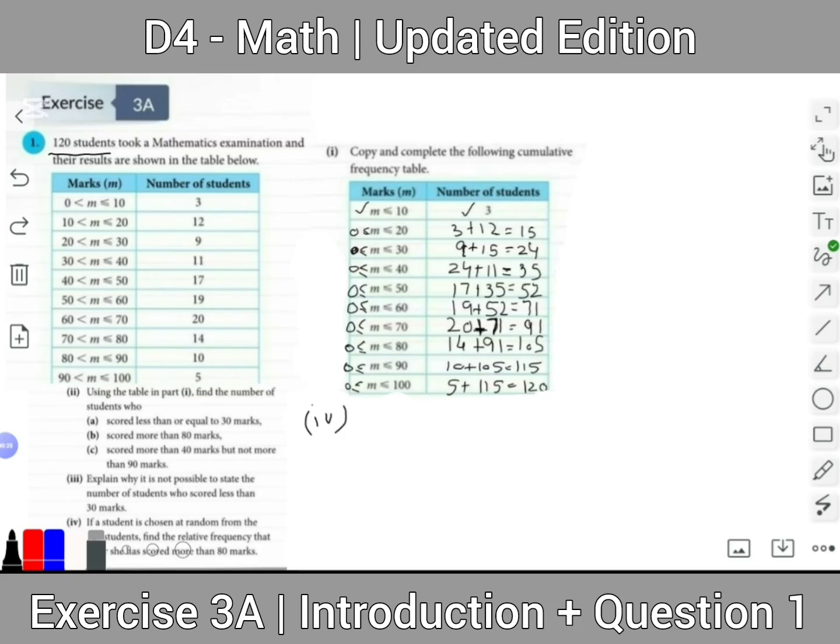So to find out the relative frequency, we will write down the formula here. It will be equal to the number of occurrences divided by the total number of trials.